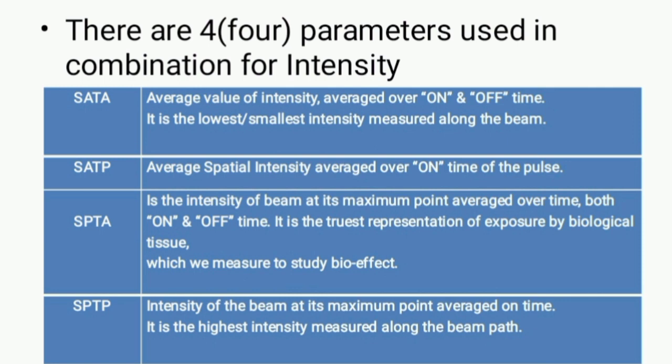It is the truest representation of exposure by biological tissues, which we measure to study bioeffects. SPTP is the intensity of the beam at its maximum point averaged over on time. It is the highest intensity that is measured along the beam path.